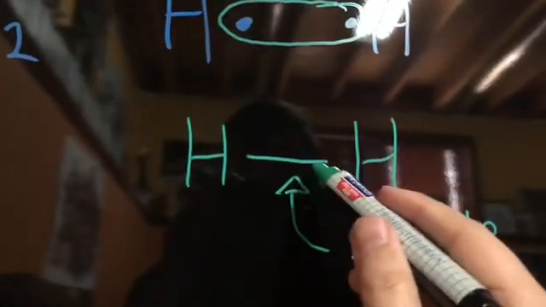So this is how we would draw a covalent bond for H2. And this line here represents a single bond. So hydrogen has 1, 2, and this hydrogen has 1, 2. So it's good to go.